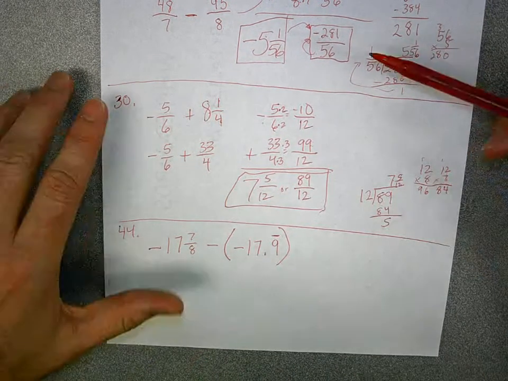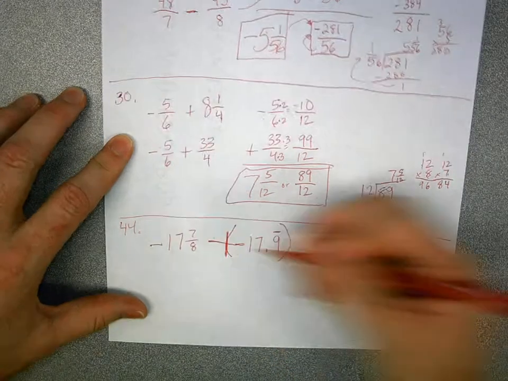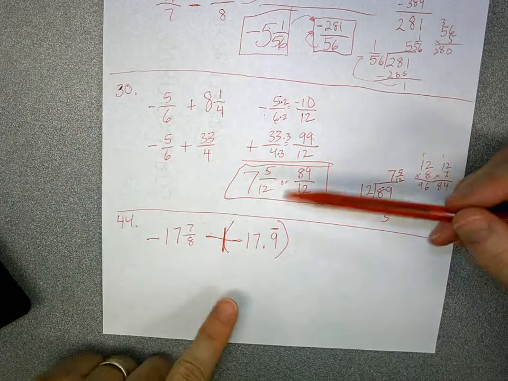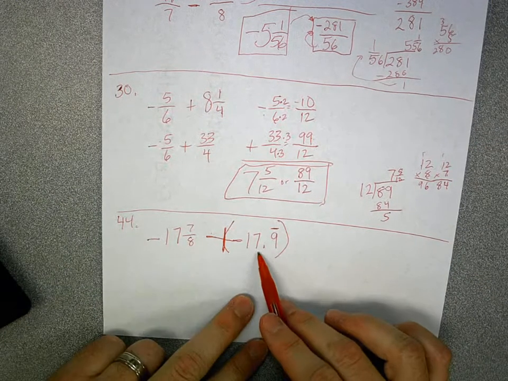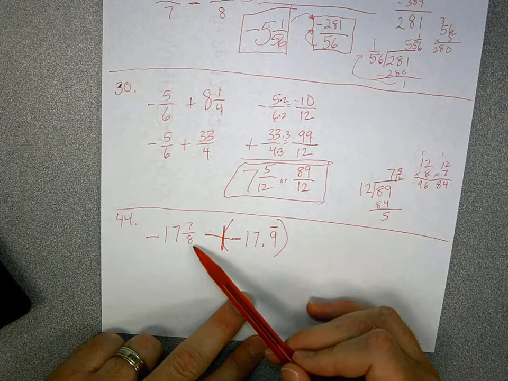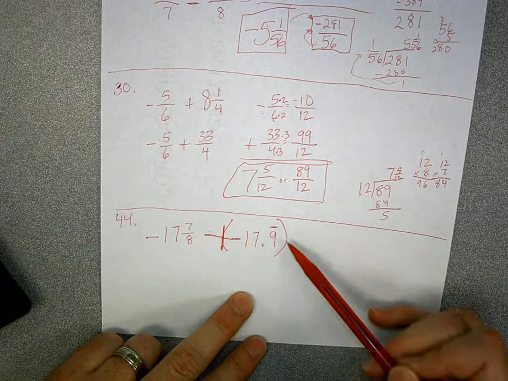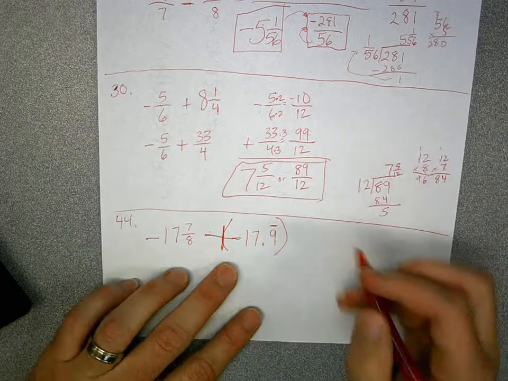All right, so we've got a couple of things going on here. First of all, I do see a double negative. I'm going to get rid of that. Now, here's the thing. Before I even worry about putting them into improper fractions or whatever else, I need to convert this to, and realistically, I can convert this to a decimal, but this is probably easier to convert as a fraction, to be able to solve this problem.